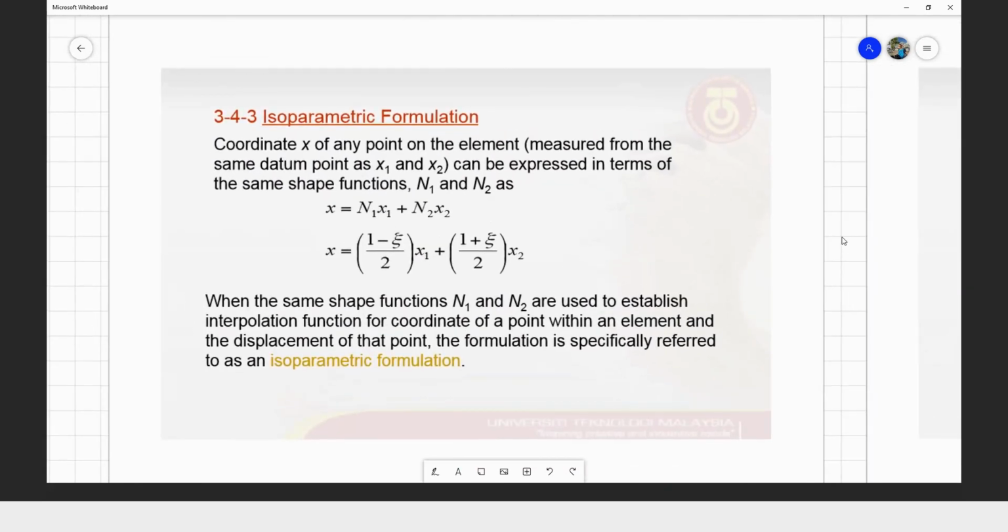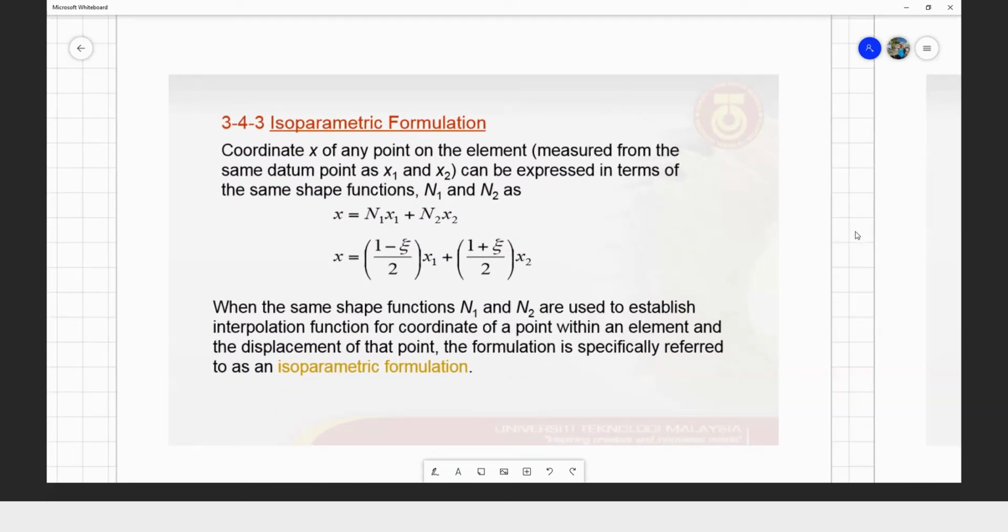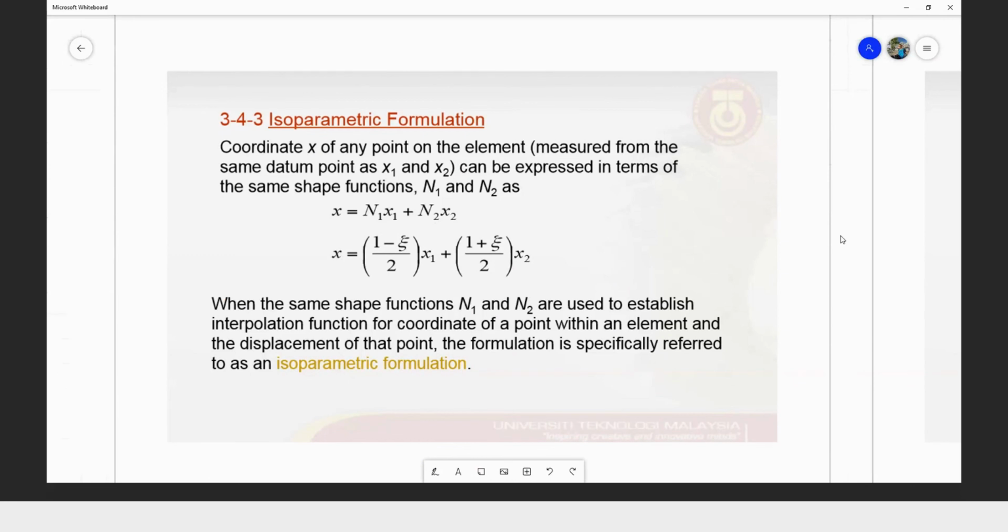So similarly, we can use the shape functions tadi untuk dapatkan the coordinates in between the two nodal points, sebab kita tahu that the shape functions N1 and N2 representing the linear interpolation kan.